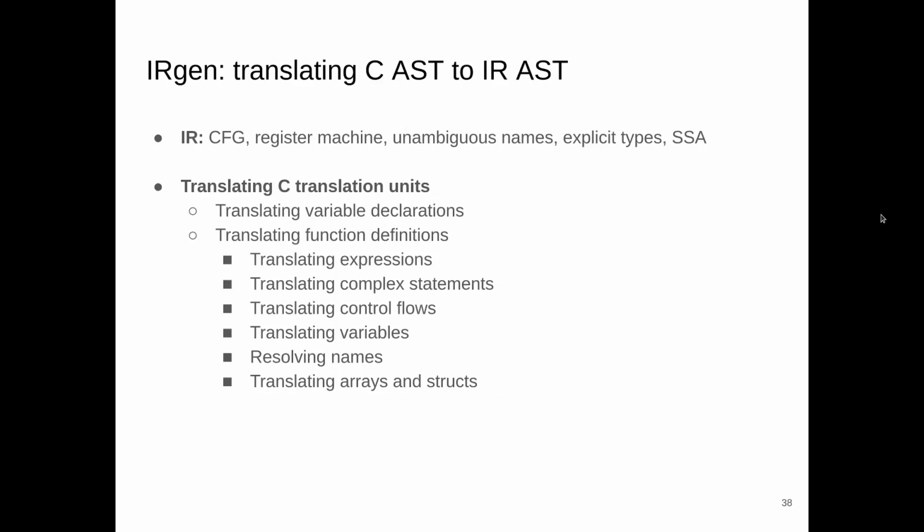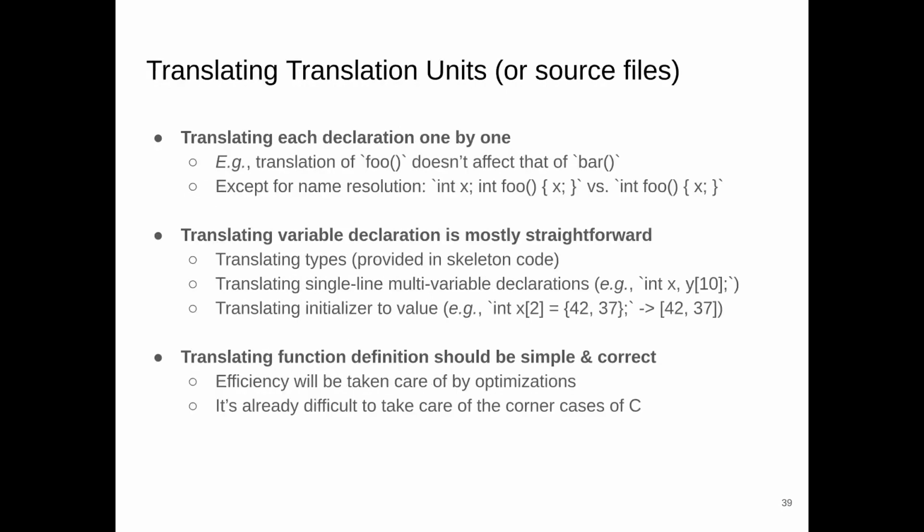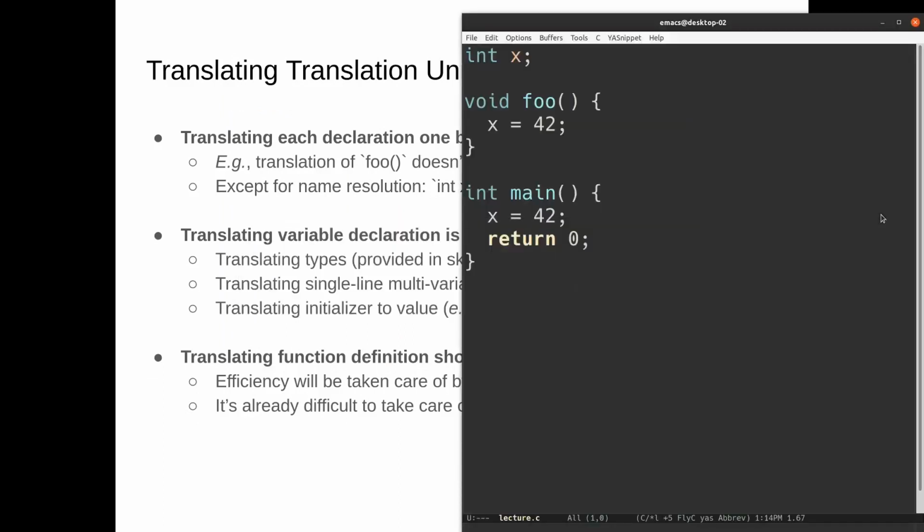So first things first, how to translate a C translation unit or a C source file. A C source file or translation unit consists of multiple declarations. For example, here is an example C file, and it consists of 3 declarations.